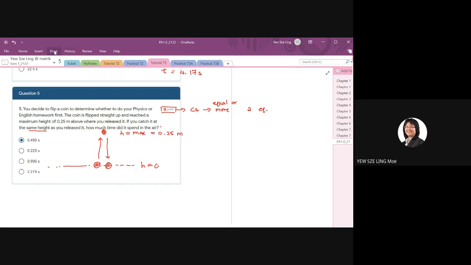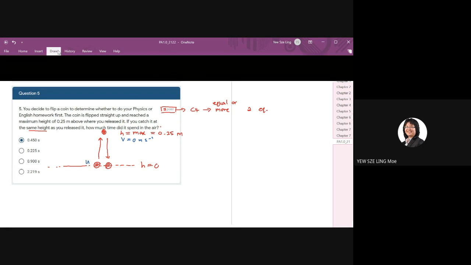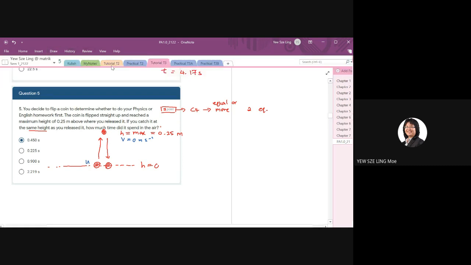What is the information that you have? It tells you your object reaches a maximum height, which means v equals 0 at this position. Then your u is where you release it, and there are 2 possibilities. You have either the initial u and the final v for the blue color, or you can take another possibility where this is your initial u and your final v is located at h equals 0.